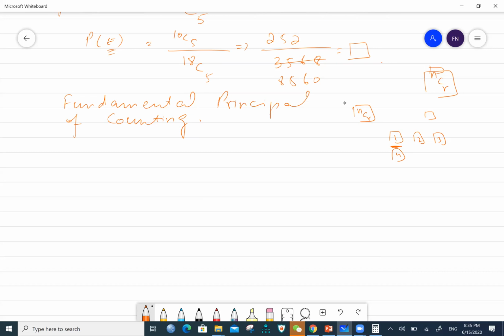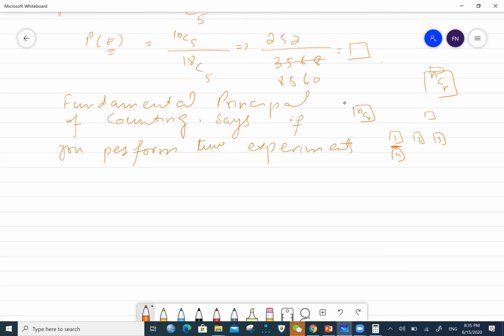So in that case, the fundamental principle of counting says that if you perform two experiments.